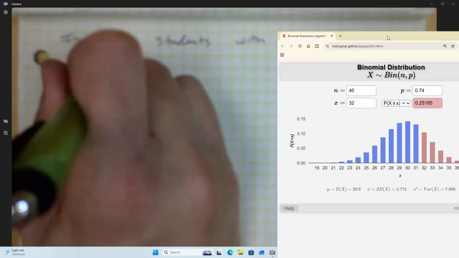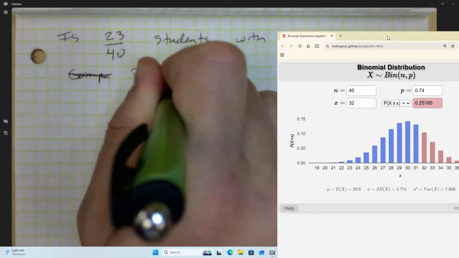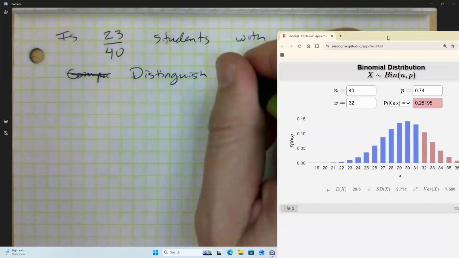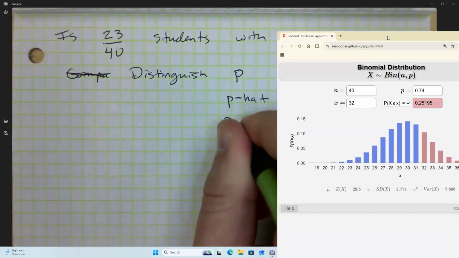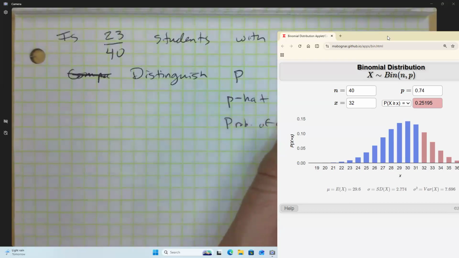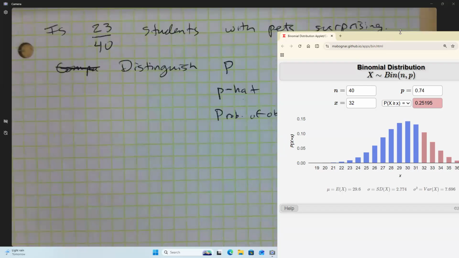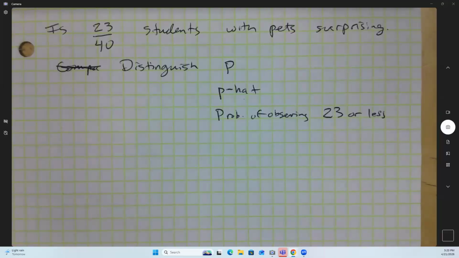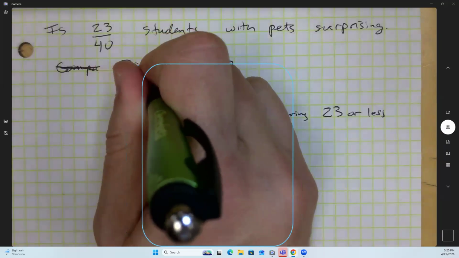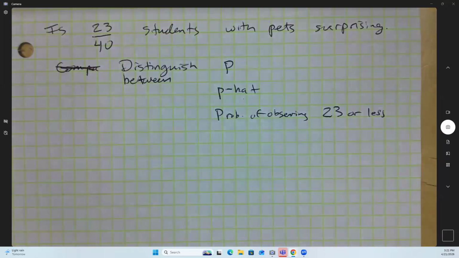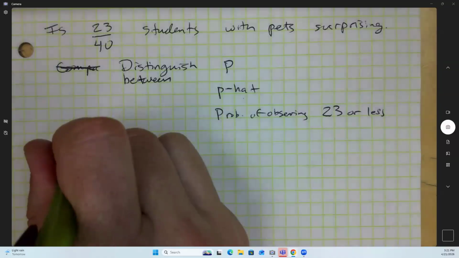And we need to distinguish between p, p hat, and the probability of observing 23 or less. These are three different decimals that mean three different things. It's one of the challenges of working with the binomial distribution: you have decimals floating around everywhere.